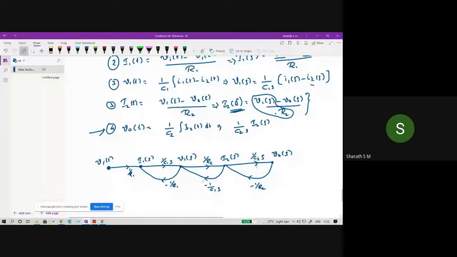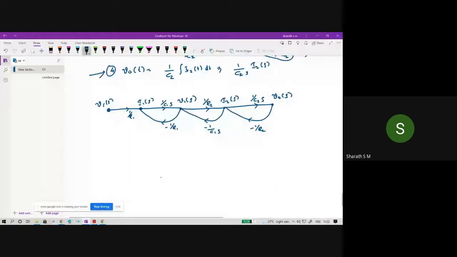Whichever has a positive sign, make it a forward path; whichever has a negative sign, make it a feedback path. For this signal flow graph, find the transfer function. First find the forward paths, then find the loops, non-touching loops, and then apply Mason's gain formula.